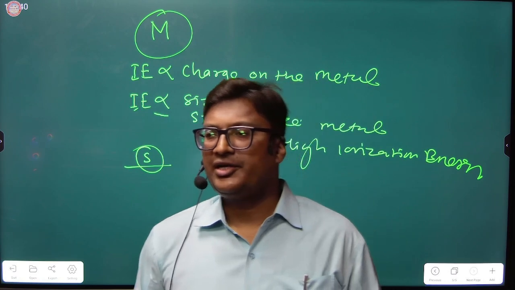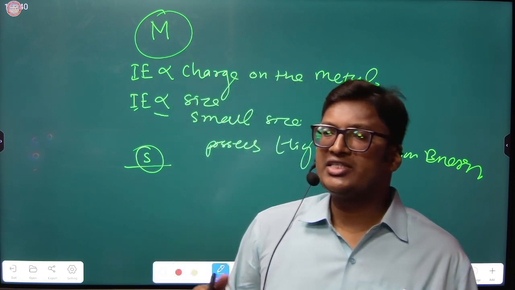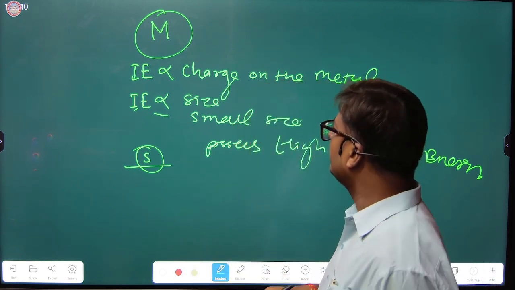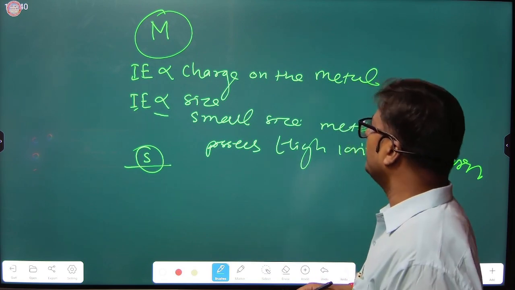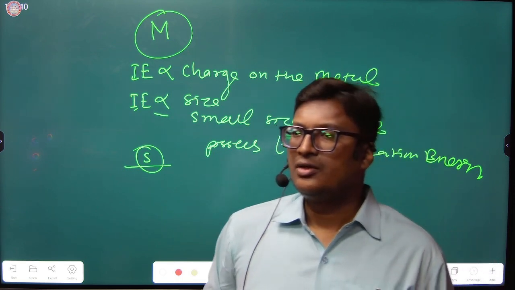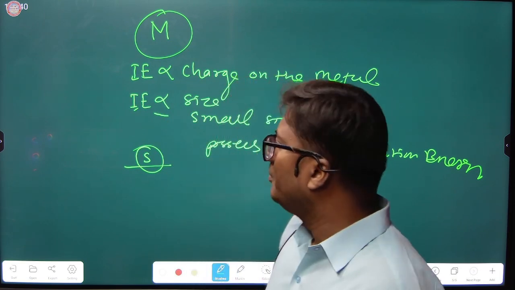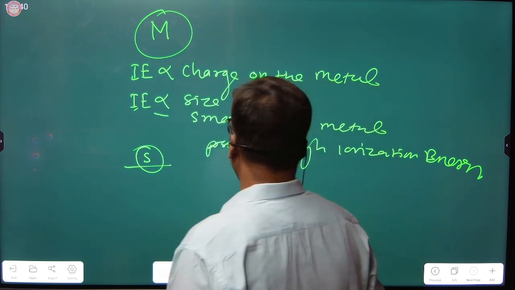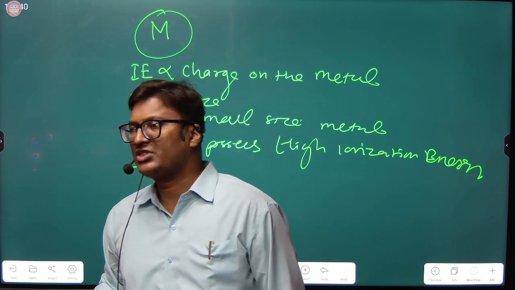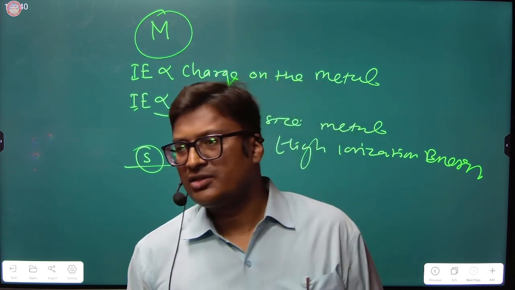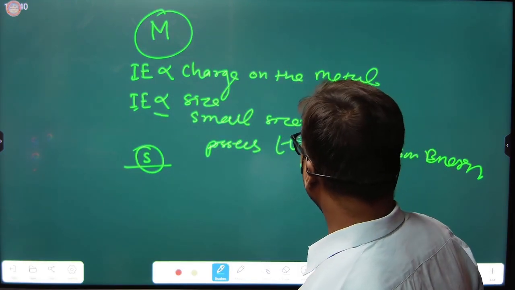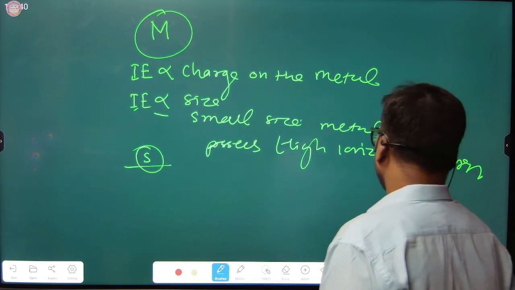If the electronic configuration looks like a noble gas configuration, the ionization energy will be very high, because of the stability, the closed configuration, the completely filled shells or orbitals. The stability is maximum and the nuclear force on the valence electron is very high.